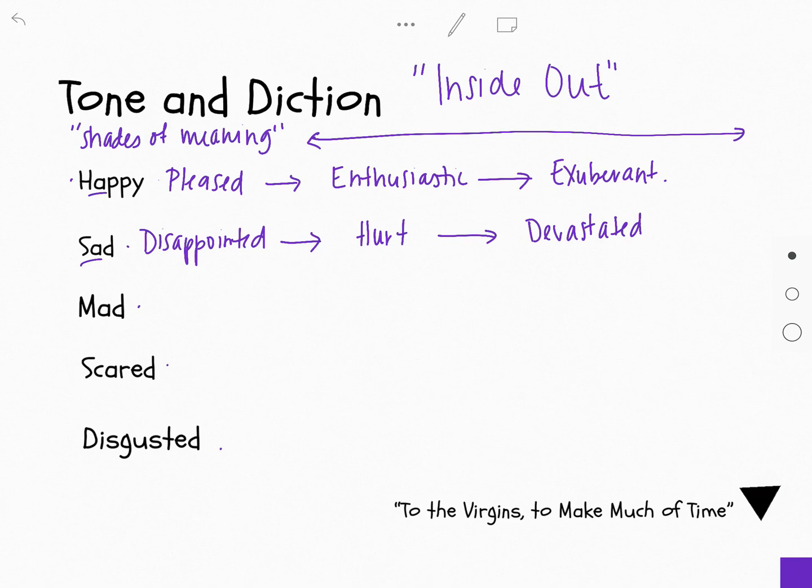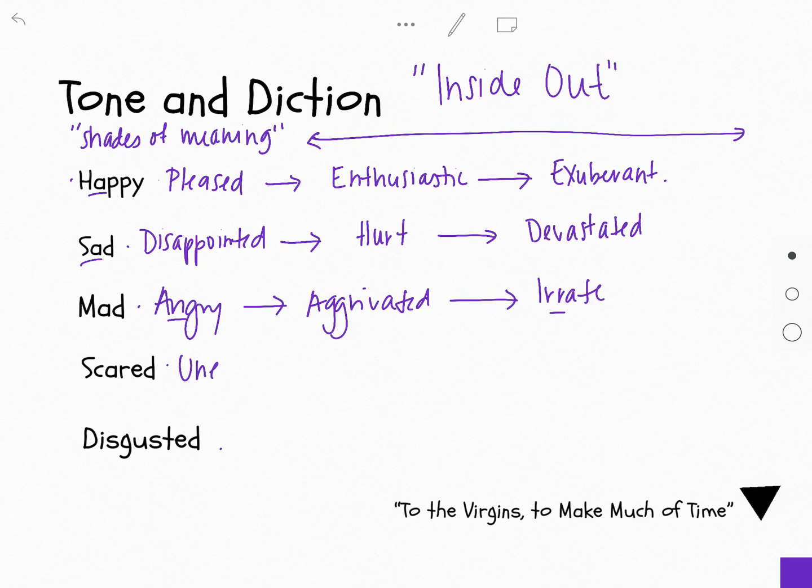So let's do a couple more, just to highlight what I mean when I say shades of meaning. For anger, you can go from angry to aggravated, all the way to irate. Again, irate is much more substantial than just saying you're angry.